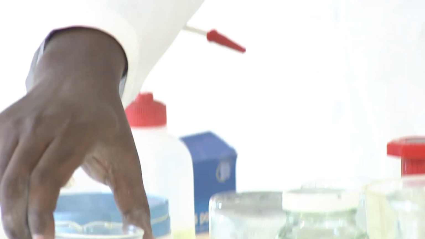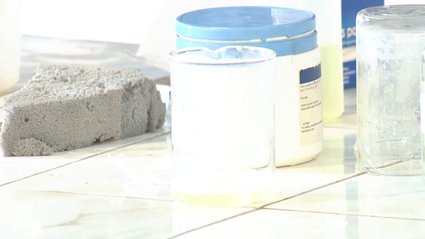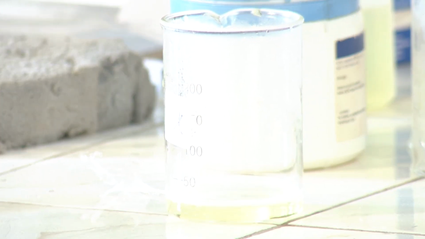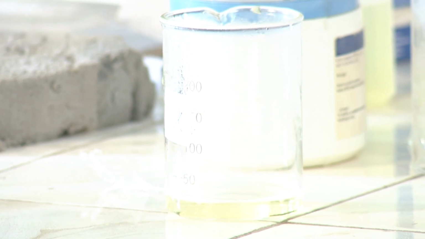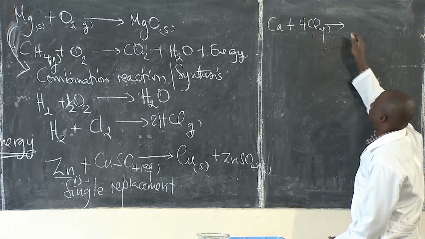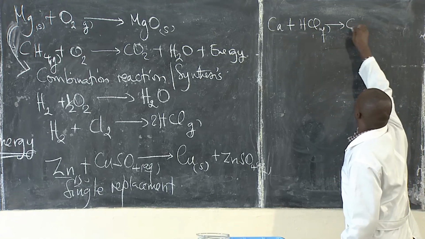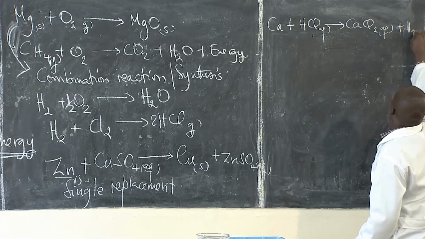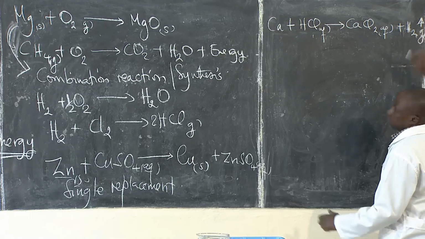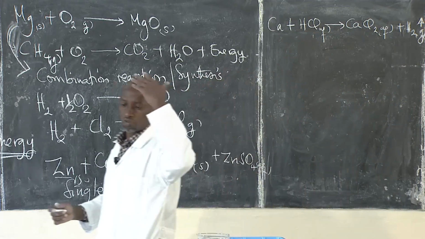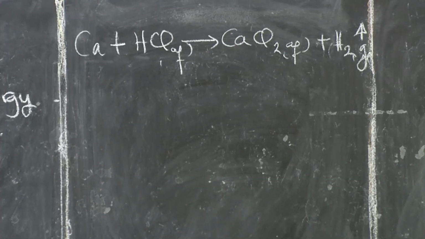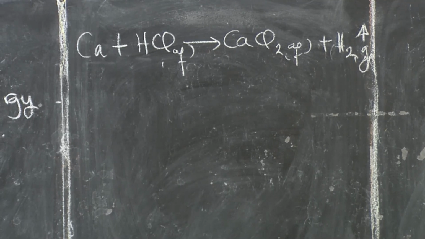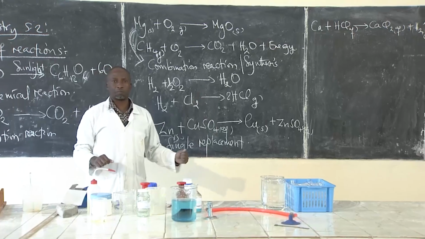So it means that calcium is reacting with HCl, and when it reacts with HCl, the calcium metal displaces this hydrogen, and then you have calcium chloride plus the hydrogen gas. That is the gas being produced, just coming out of the solution. So the calcium is used up now. That is another type of reaction that we can call single replacement.